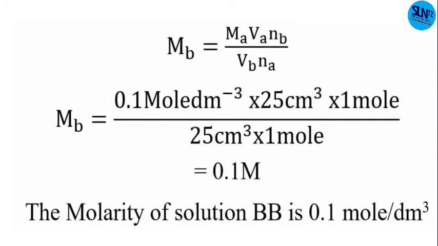So molarity of base is molarity of acid times volume of acid times number of moles of base divided by volume of base times number of moles of acid. 0.1 molar times 25 volume of acid times 1 mole of base divided by 25 times 1 mole of acid, and the molarity of base is 0.1 mole per decimeter cube.